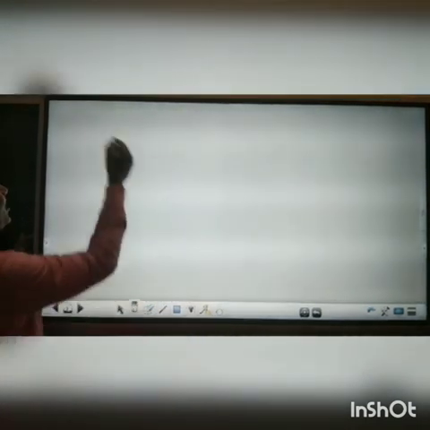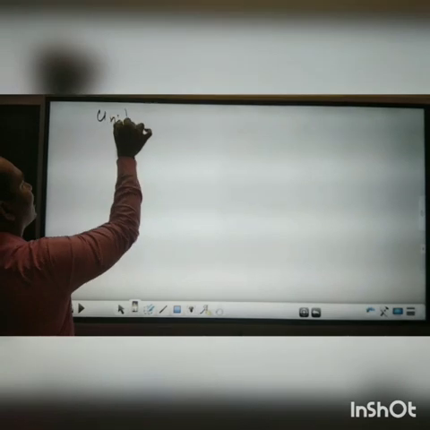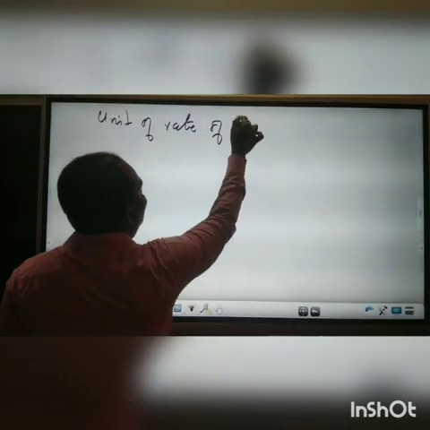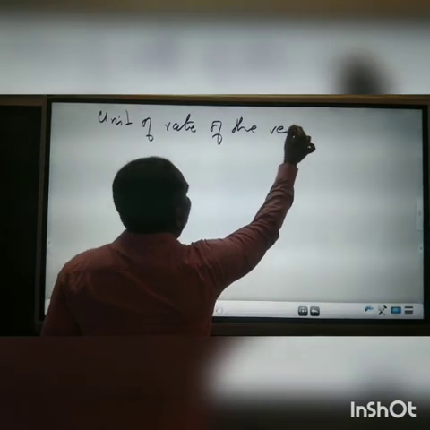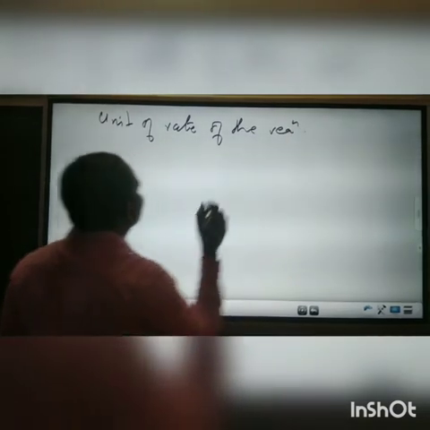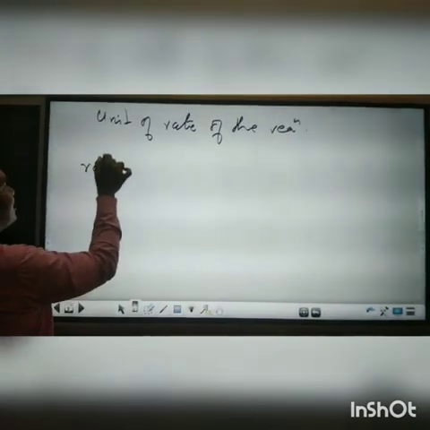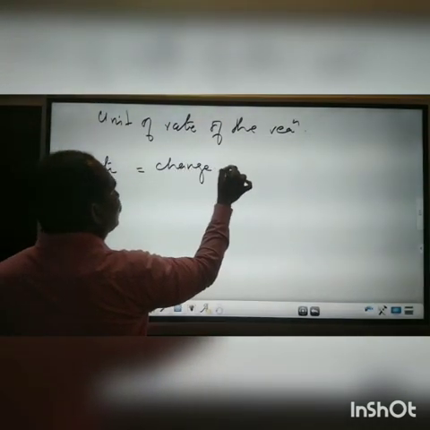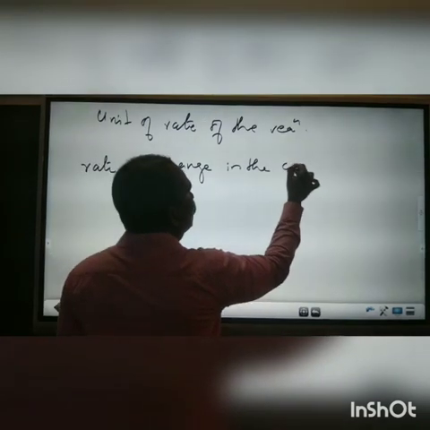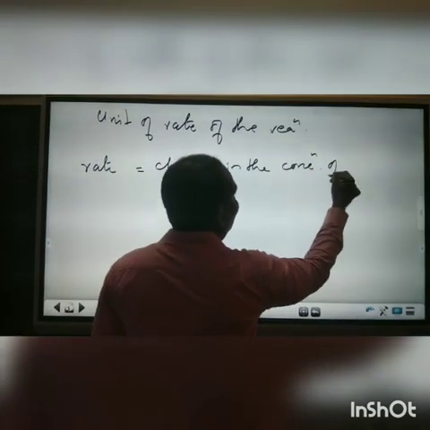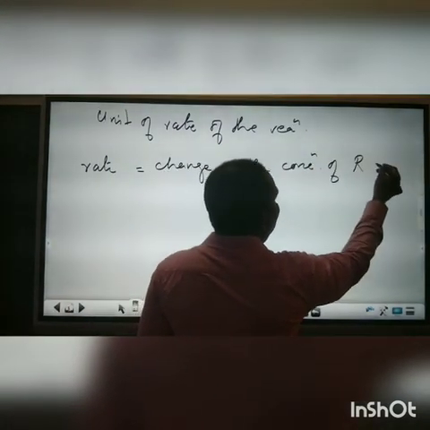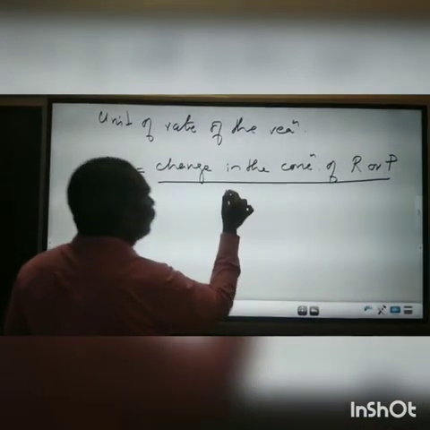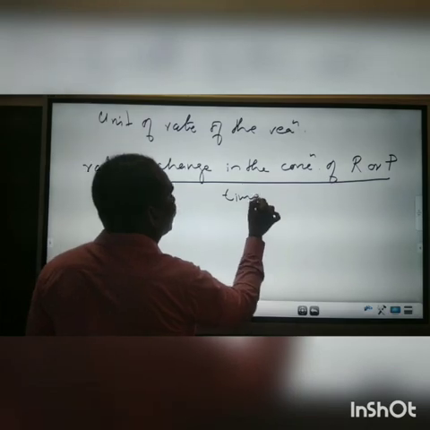Then, the unit of rate of the reaction. Rate is equal to change in the concentration of any one of the reactants or products per unit time.